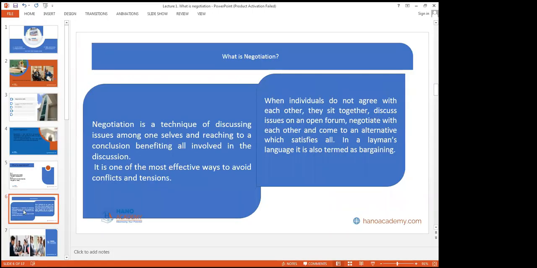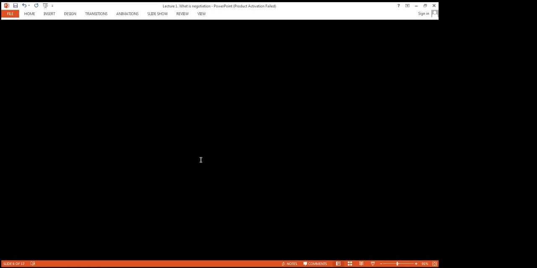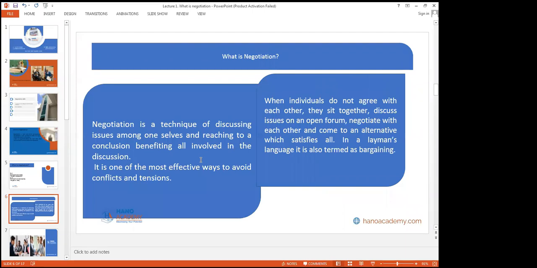Then we move on to something else. Straight on definition: negotiation is a technique of discussing issues among oneself and reaching a conclusion that benefits all that are involved in the discussion.